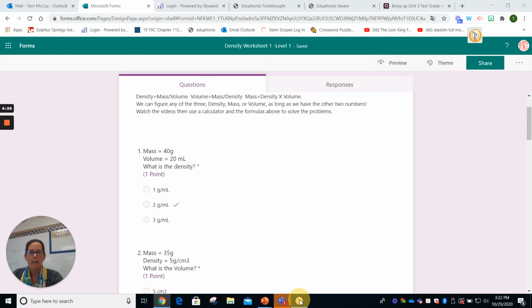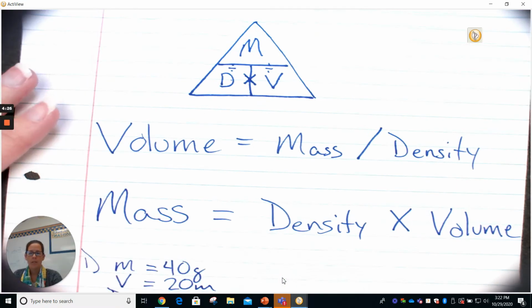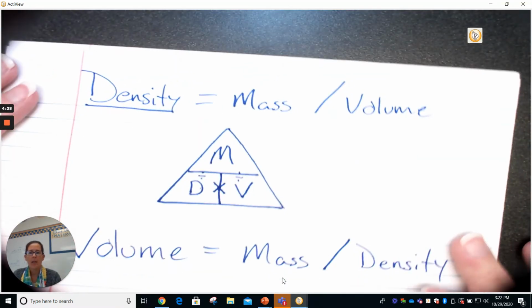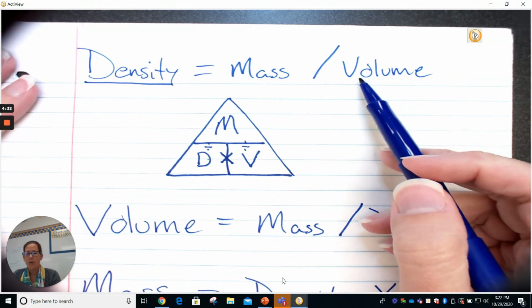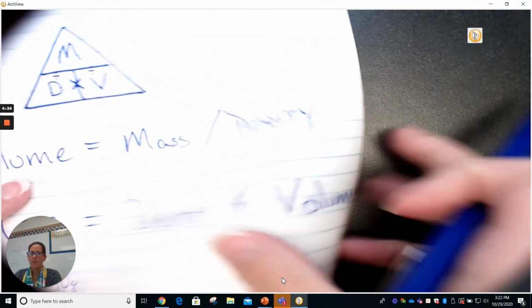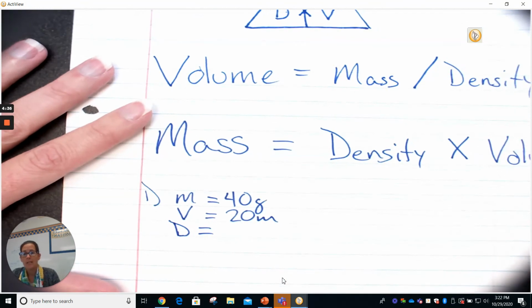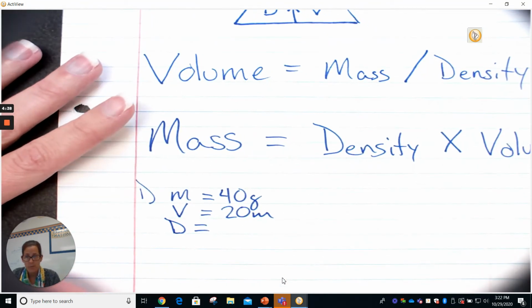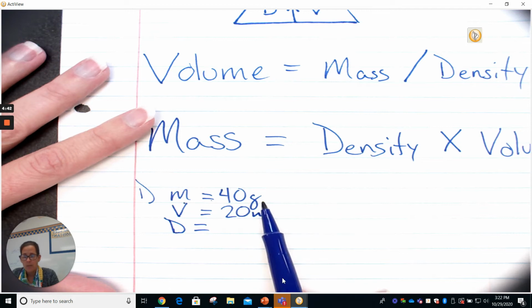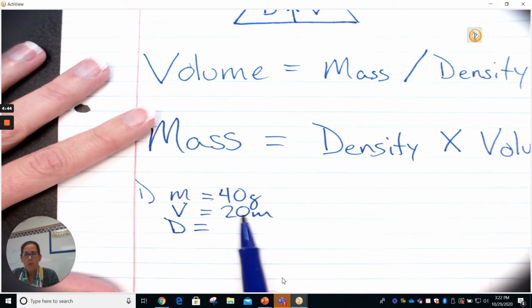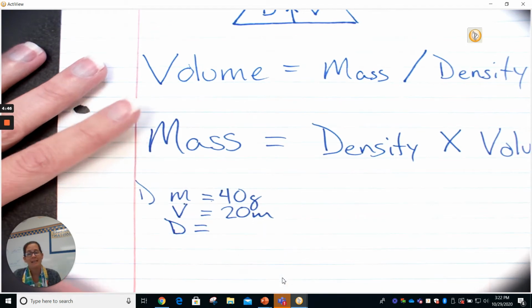So let's go back to my camera. We know this is the ones that we practiced before. So density equals mass divided by volume. I have our numbers written down right here from the problem. And this is how I'd like you to do it on your paper too. Okay, so mass equals 40 grams. Volume equals 20 milliliters, and we want to know the density.